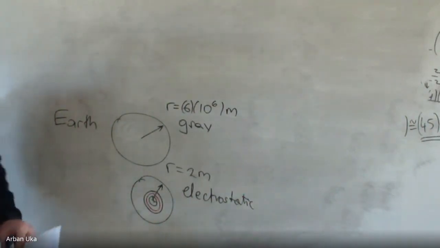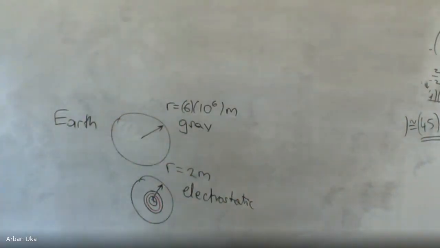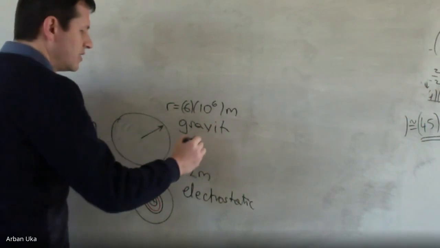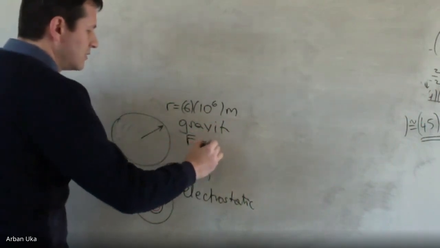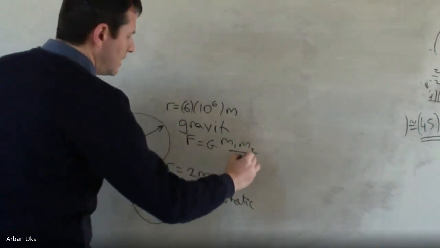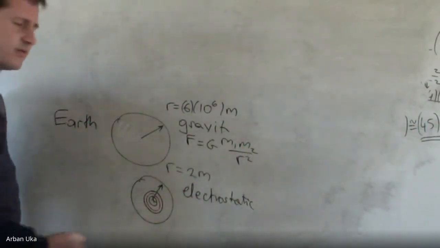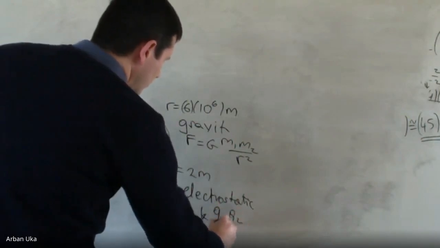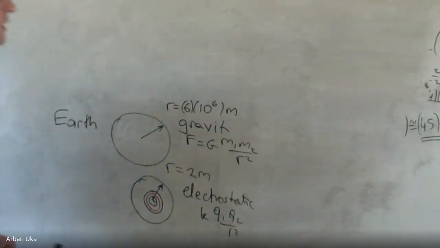So to calculate the work done to construct either the Earth, which is made of gravitational force, and the gravitational force is equal to G m1 m2 over r squared, and the electrostatic force is k q1 q2 over r squared. So they are very similar.